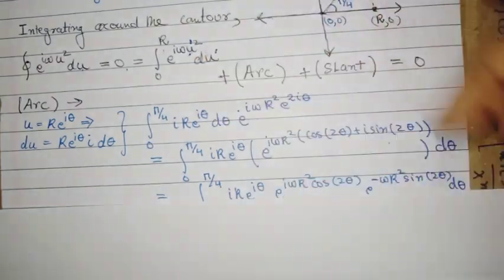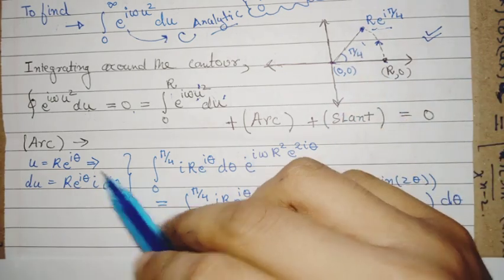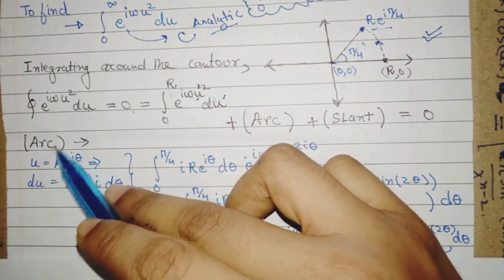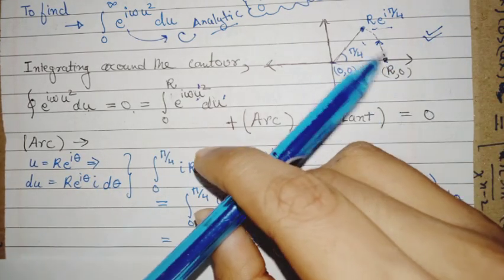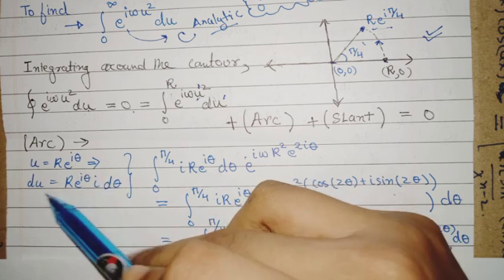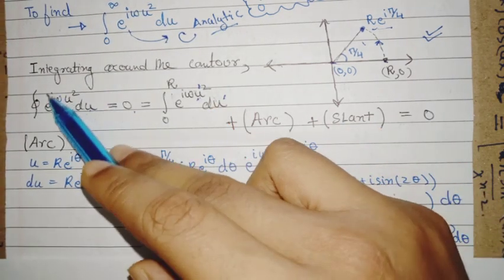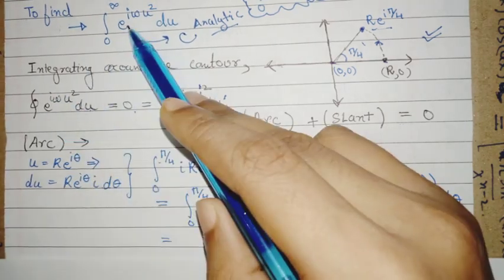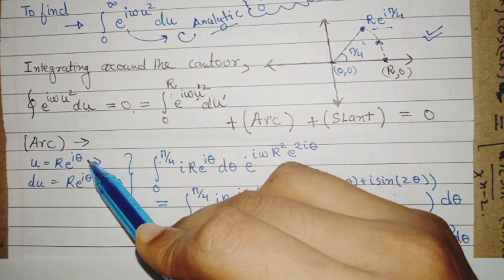So let's see the arc part. I must do it like this. The arc part can be parameterized by a continuous function of theta, which is the angle, and this is du. And then I substitute in the integral. I take this integral which I have here, and then I substitute u equal to r e^(i theta).